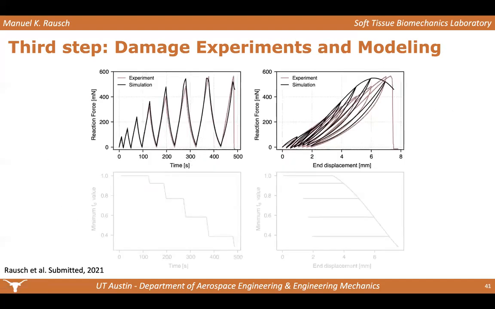And then to validate our model, we predicted unseen data. Specifically, we predicted the cyclic testing beyond the 30% that we used to inform the model, right? So basically, we use these 3 cyclical loading curves to inform our viscoelastic model. And then the rest is predicted. Okay, so this is unseen, and we didn't use this data to inform our model, as a form of validation.